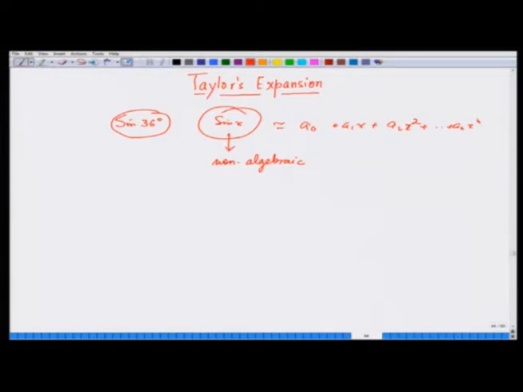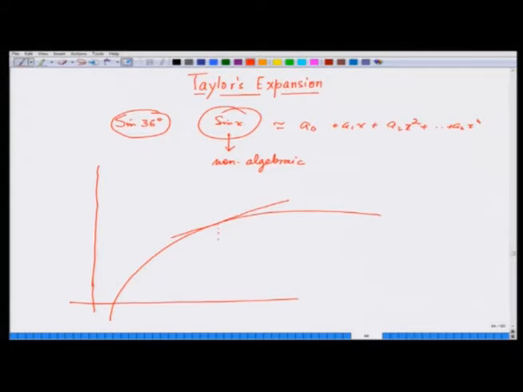not so easily computable. Look at a function like this, a nice differentiable function. Let me draw it bigger so it magnifies. Look at a function like this, and let me take a point here, x, f(x), and I am drawing the tangent line. So, this is your x, and this point that you see is x and f(x).